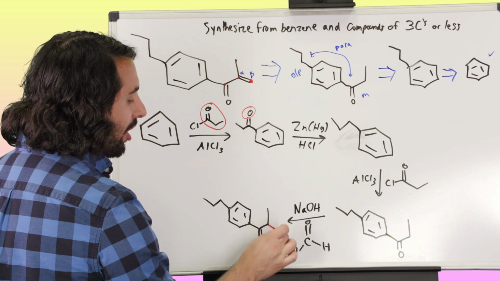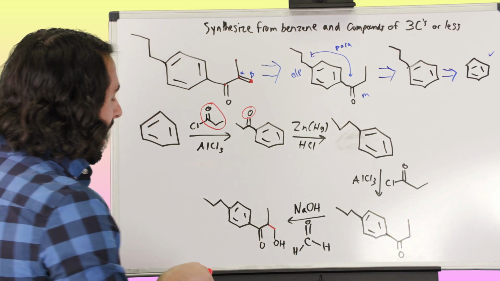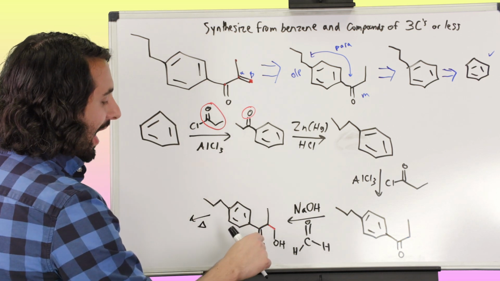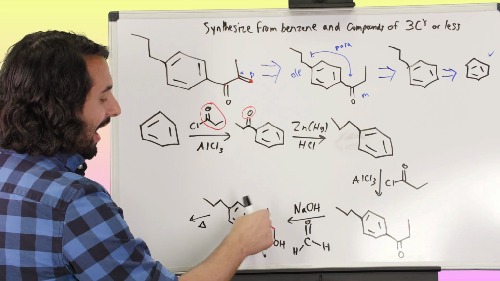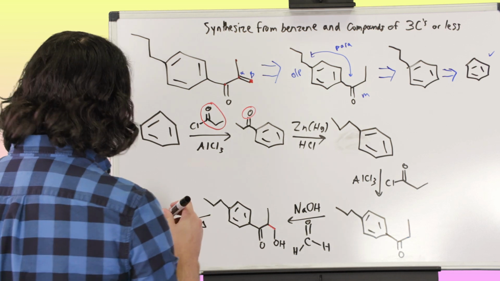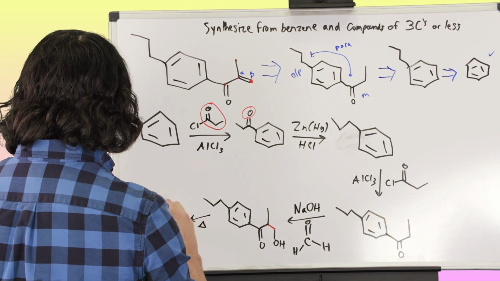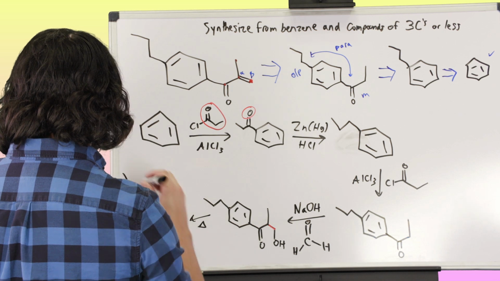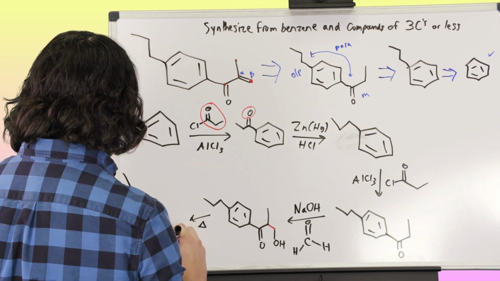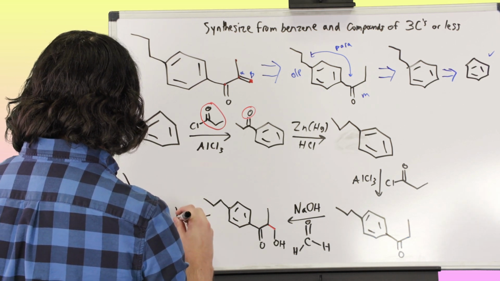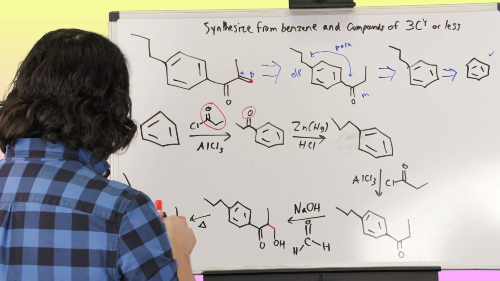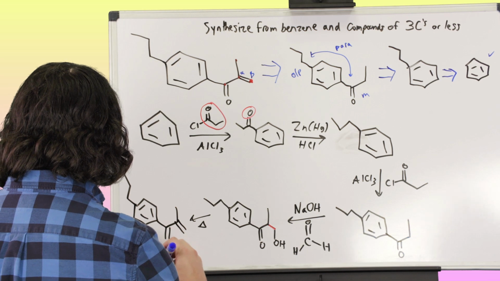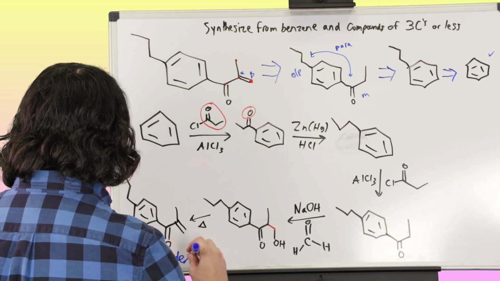We would be attaching one carbon right there, and then that would continue, especially with heat. We would just enolize again and then kick that off, and we would just get our aldol condensation product.